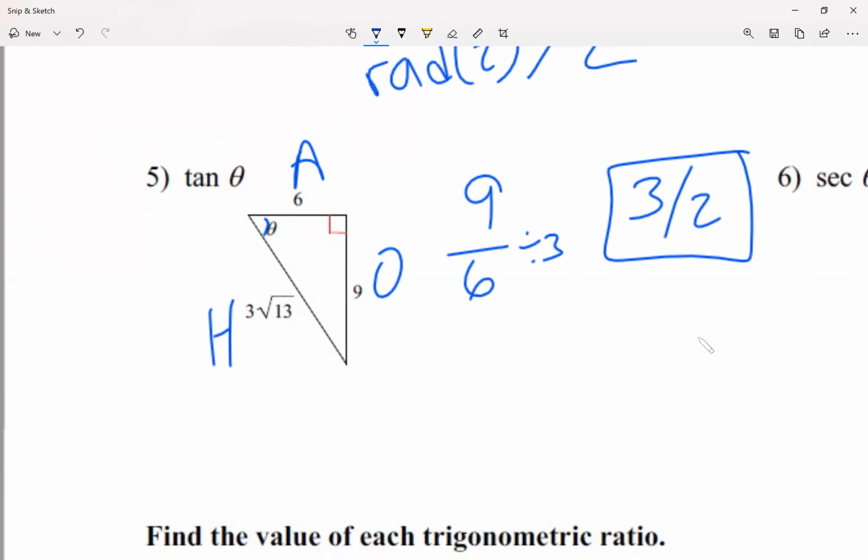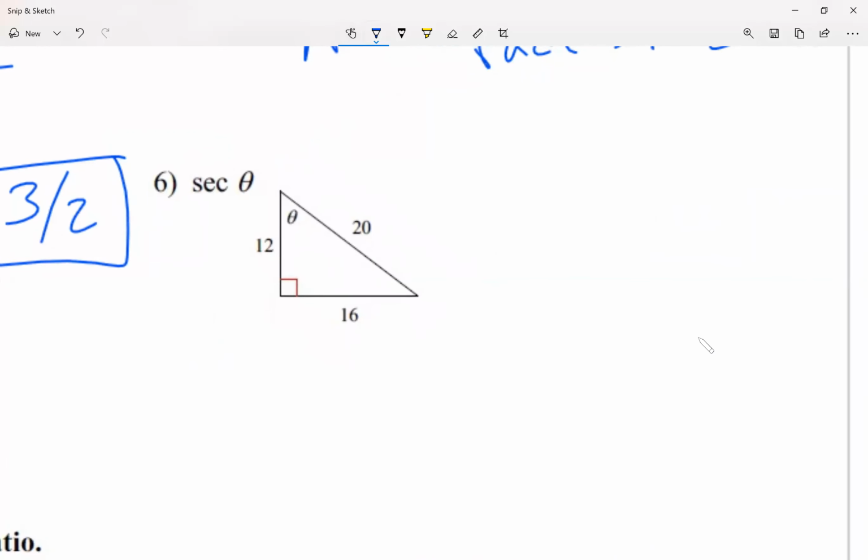Simplify your fractions. Looking at number 6. The biggest side is the hypotenuse. I see where theta is. So this is the opposite. This is the adjacent. Now secant. Secant is hypotenuse over adjacent. So 20 over 12.